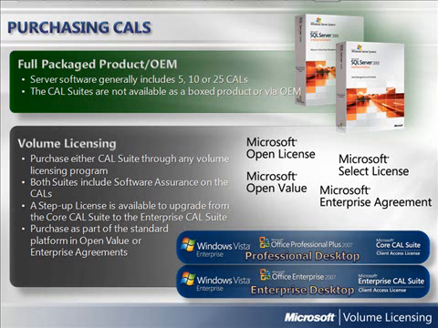And the final way of acquiring the CAL suites is as part of the professional or enterprise desktop platforms in Open Value or enterprise agreements, where you'll find that further savings are available and even more business benefits in standardizing on the Microsoft platform.